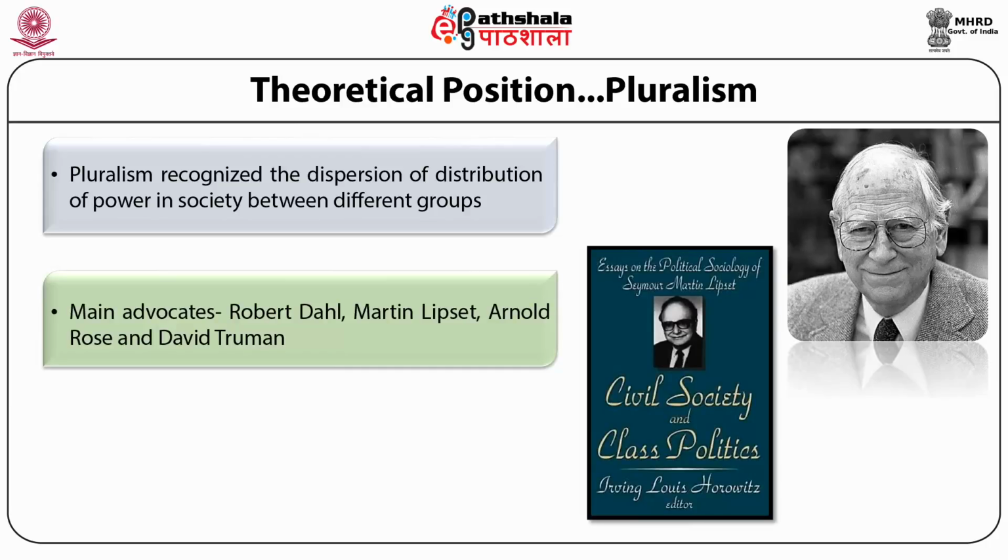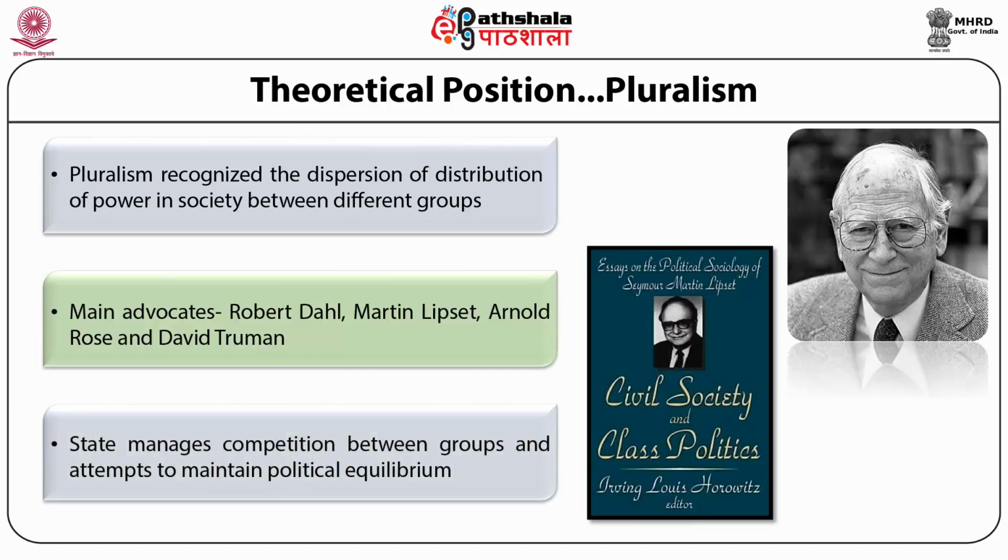According to this theory, the state manages competition between groups and attempts to maintain political equilibrium. So in that sense, the state becomes a neutral player in managing the competition for access to resources and benefits by groups in the society.